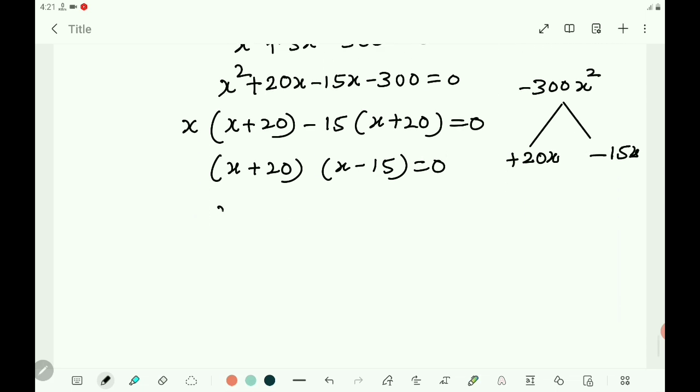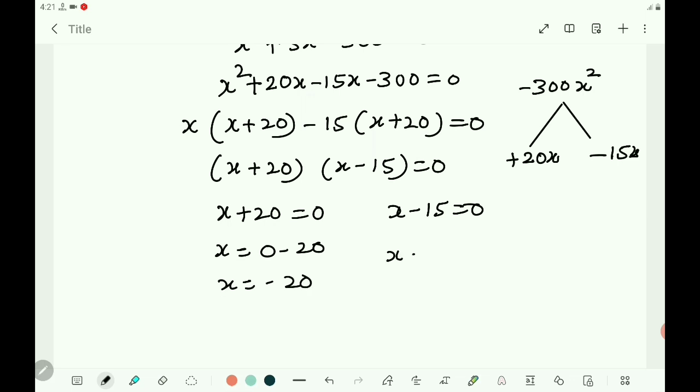Then x plus 20 equals 0, x minus 15 equals 0, x equals 0 minus 20, x equals minus 20, x equals 0 plus 15, x equals 15. We have to consider the positive as it is a number of students.